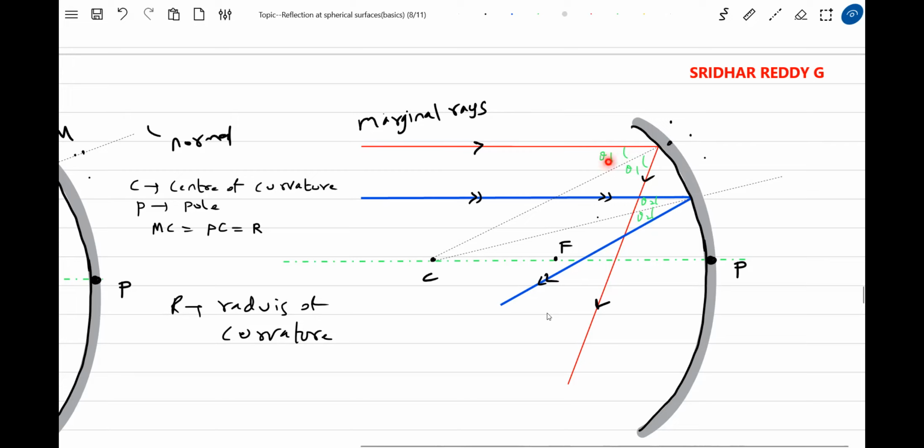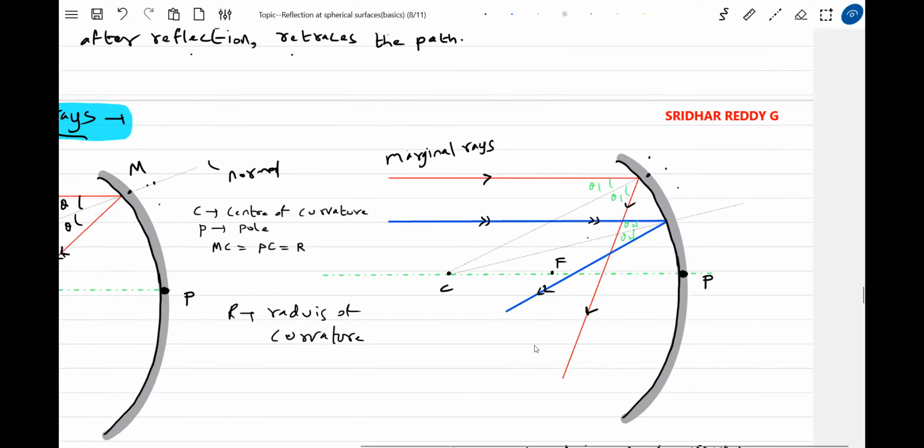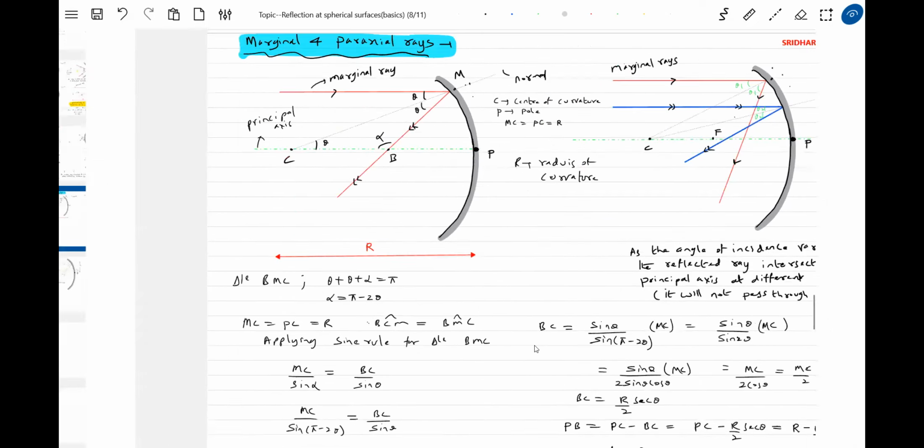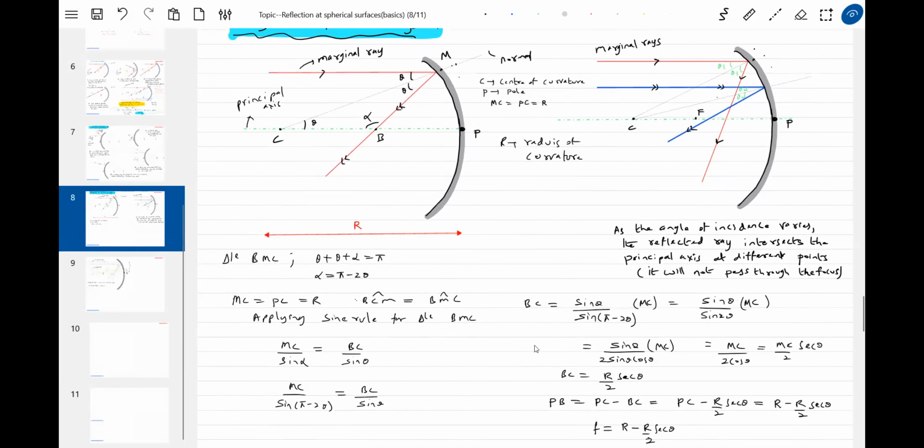Now why do these two rays intersect at different points? That's the primary question. Why does the blue ray intersect the principal axis here, and why does the red ray intersect the principal axis at this point? What is the reason for that? The reason is this particular formula.